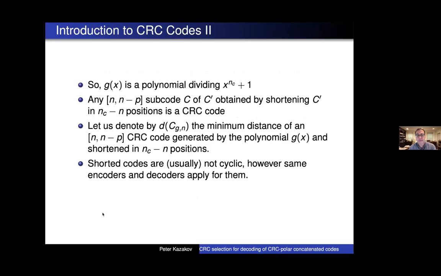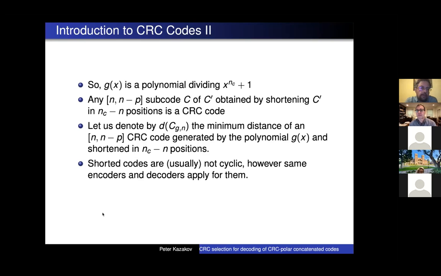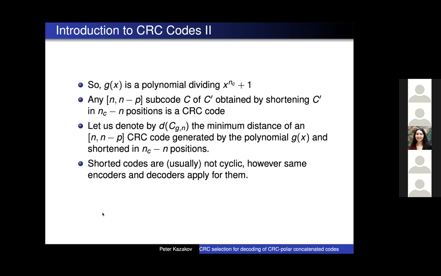So g(x) is a polynomial dividing x to the n plus 1, and this is for a cyclic code. In reality, we are not using cyclic codes. We are using shortened cyclic codes, and the shortening is actually that any (n minus p) subcode C of C prime is obtained by shortening of C prime in n_c minus n positions.